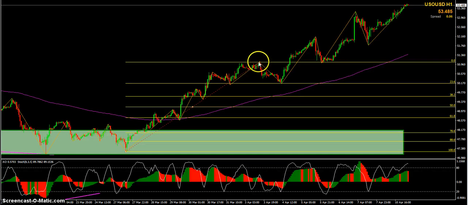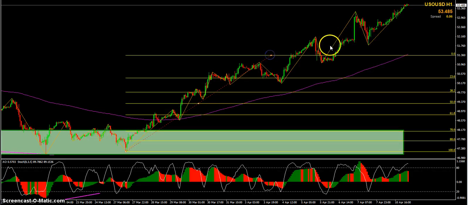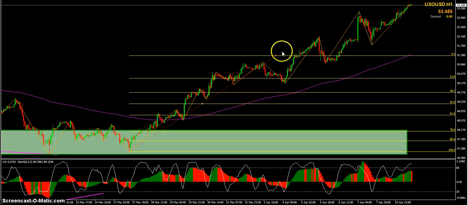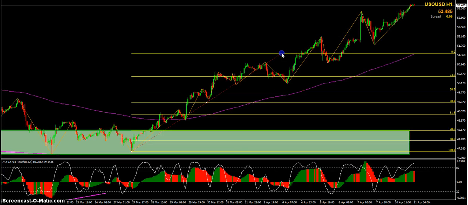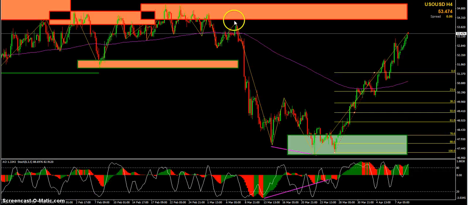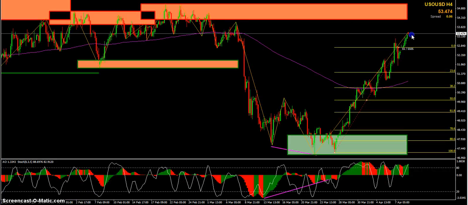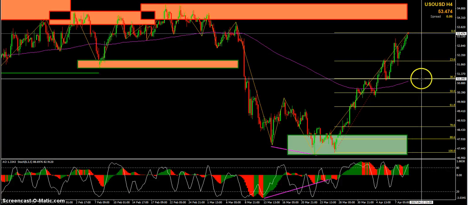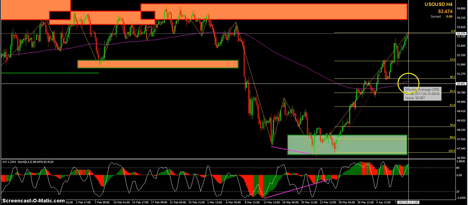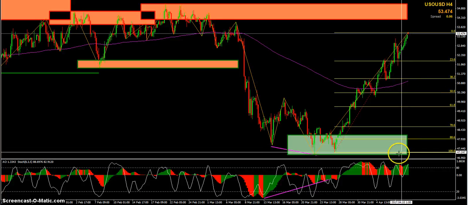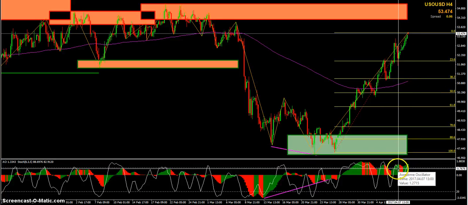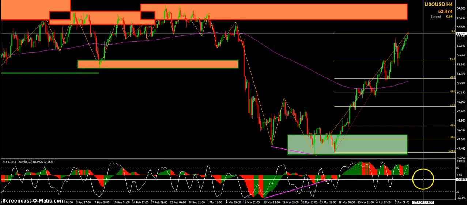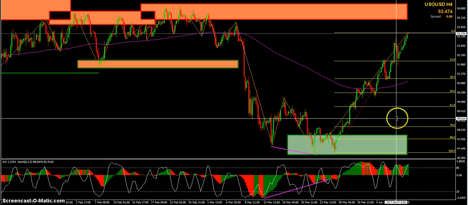So if I was going to look at this, I would be looking at the entire move lower, dragging it from the start all the way up to the end. Then I would be looking at an opportunity on the 4-hour time frame. There you would want the pullback to roughly 38.2, testing this time the 4-hour 200 EMA line, and you would want to see this 4-hour AO come back below zero before looking at a buying opportunity.